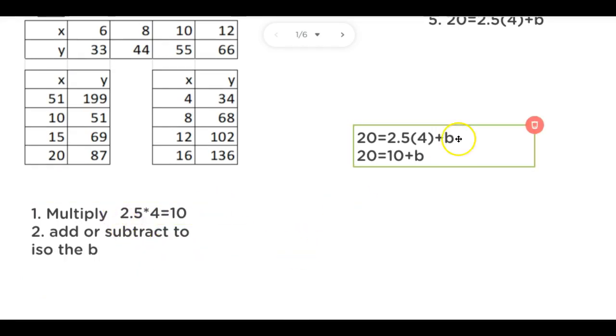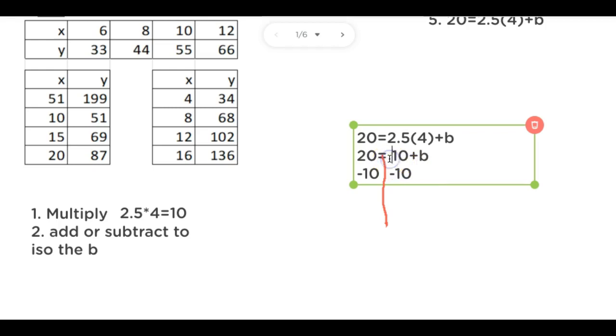In this case, if you remember, we're going to subtract 10 from both sides. So I don't know if you guys remember this, but what this looks like here is minus 10, and on the other side we minus 10 or subtract 10.